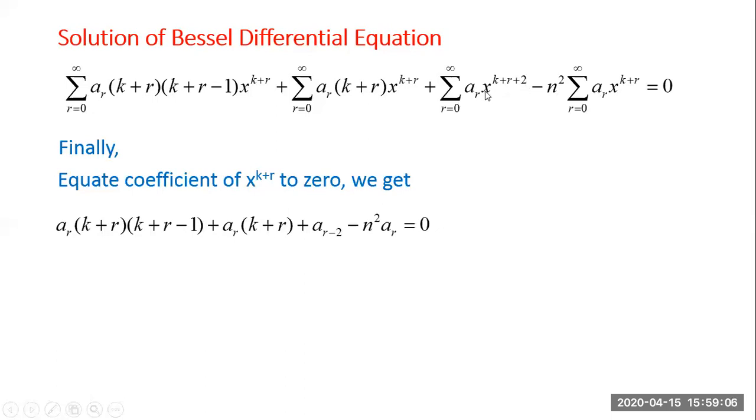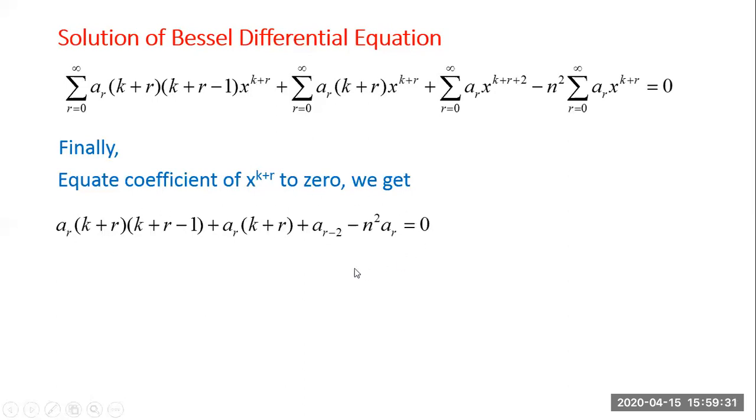If I take 2 steps backward, I get x power k plus r plus 1 and then x power k plus r. When I take 2 steps backward, the coefficient becomes ar minus 2. So one step backward will be ar minus 1 and another step is ar minus 2. So the coefficient of x power k plus r from the third term is ar minus 2.